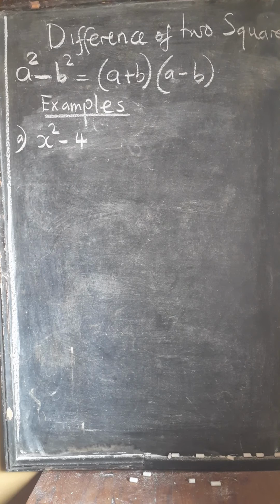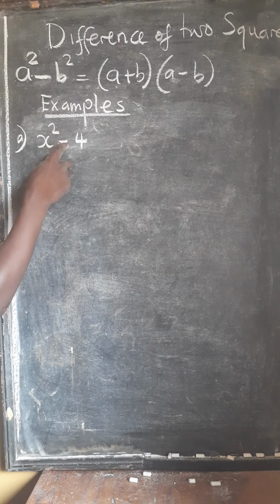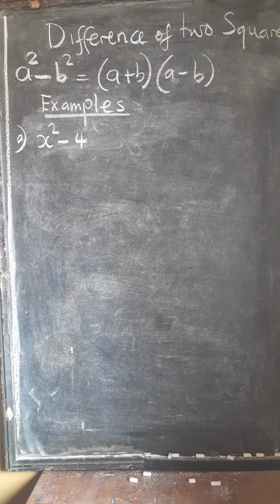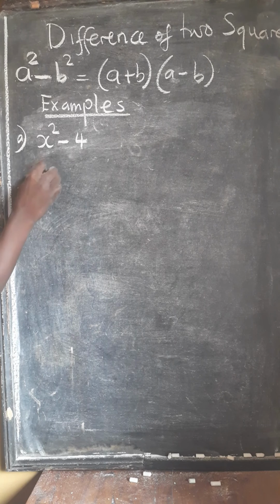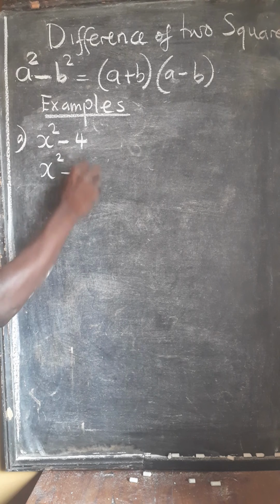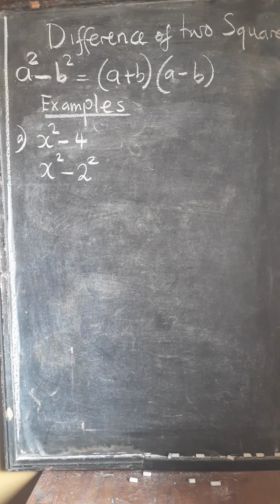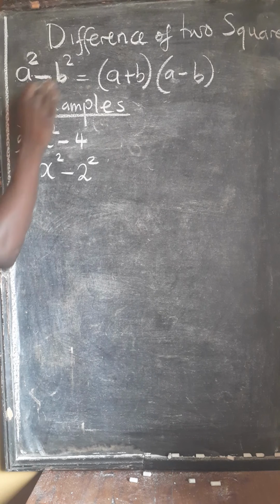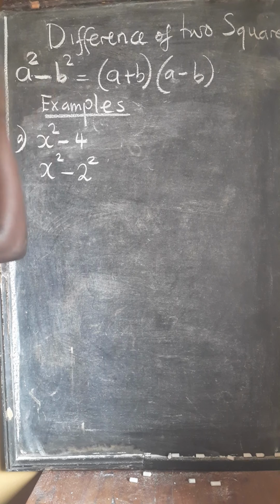What is expected of us here? X squared minus 4. We know that this one is squared. We have a minus here, which is a difference. And this one is not squared. But when you look at it, it's a perfect square number, meaning it can be rewritten as some number squared. So, we're going to have x squared minus, and this one is going to be written as 2 squared. We want to achieve this format, a difference of two squares.